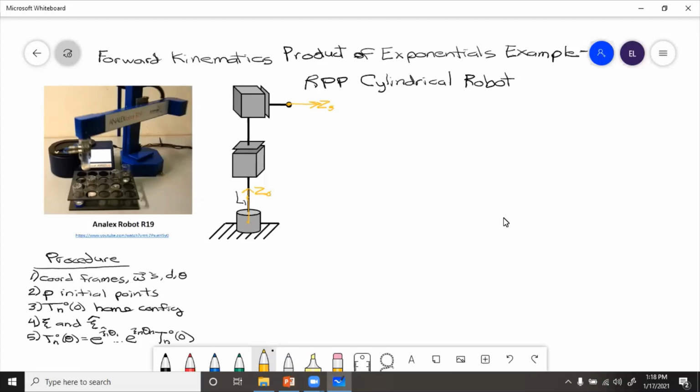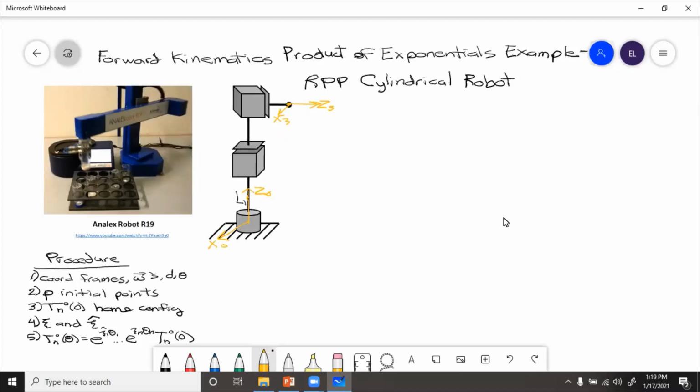And then for ease of rotation figuring out, we want the x directions to point in the same direction for both. So that would be x out of the page. So x0 and x3.